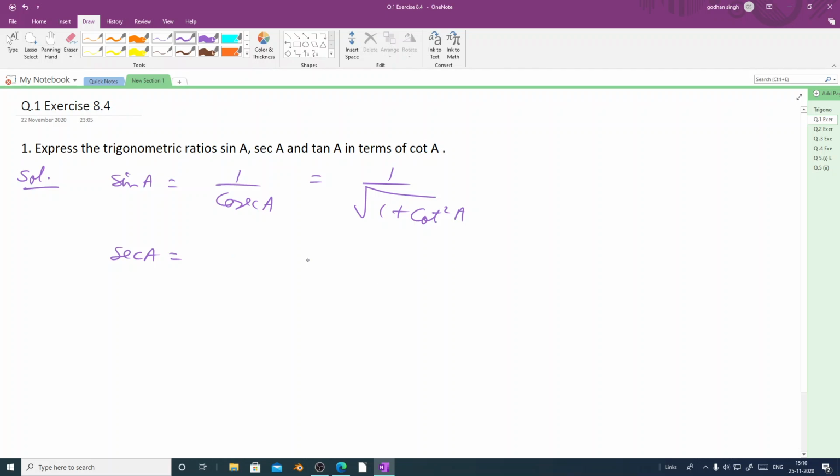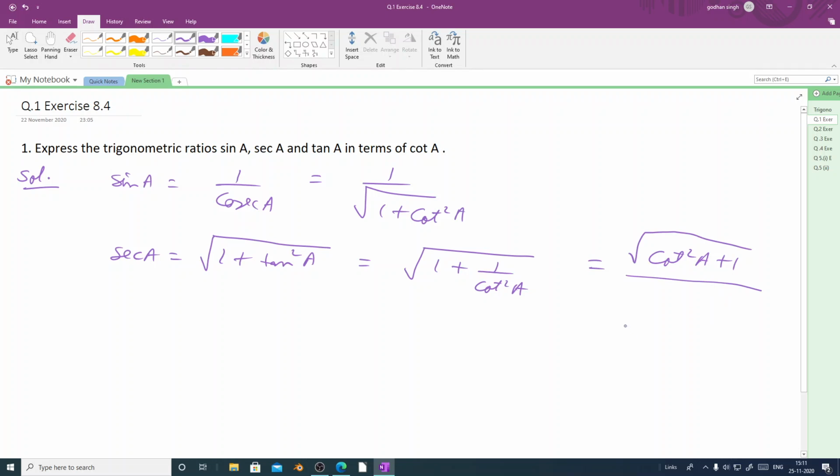We know that 1 plus tan square A is nothing but sec square A. So if you take the root of this, we will get sec A. So sec A can be written as square root of 1 plus tan square A. But we have to write sec A in terms of cot A, and we also know that tan A can be written as 1 by cot A. So we can rewrite this as 1 plus 1 by cot square A, and this can be written as cot square A plus 1, we will take the root of this, over, if you take the root of cot square A, what we will get is cot A. So this is our answer for sec A, and to write tan A in terms of cot A is very simple.